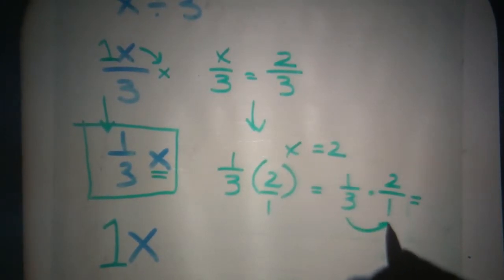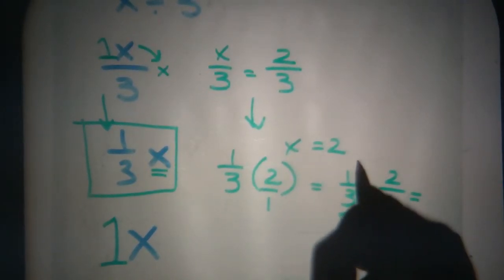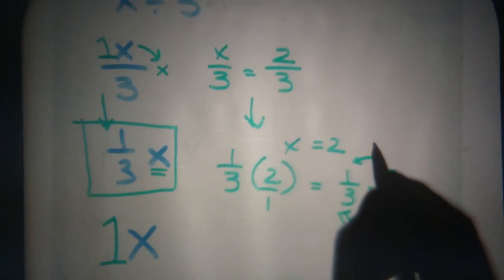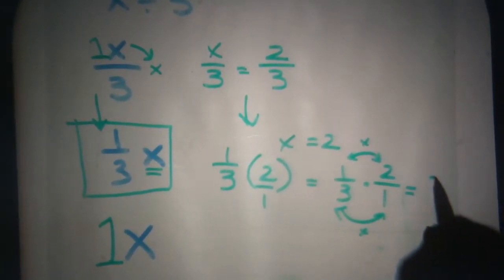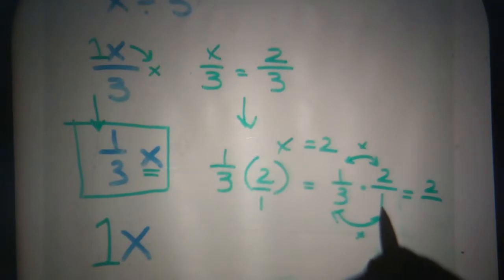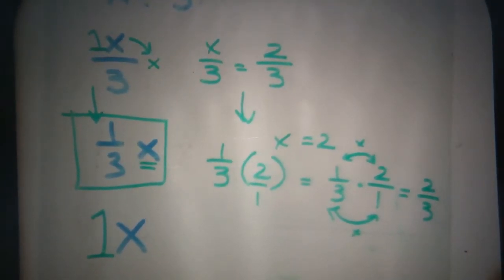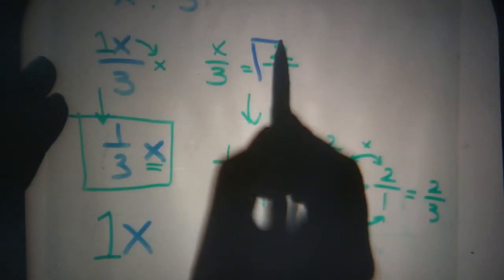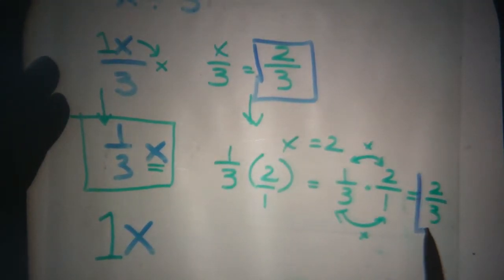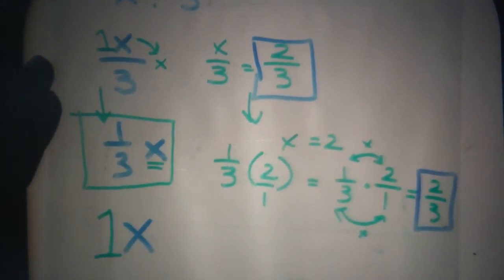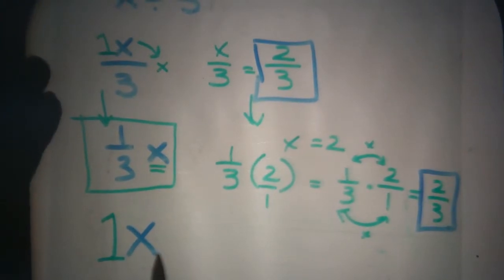Multiply across. 1 times 2 is 2. 3 times 1, 3. Is that the same thing? Here we go. Look at that. It is the same thing. That is algebraic magic.